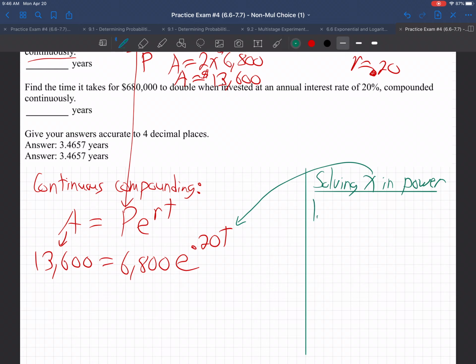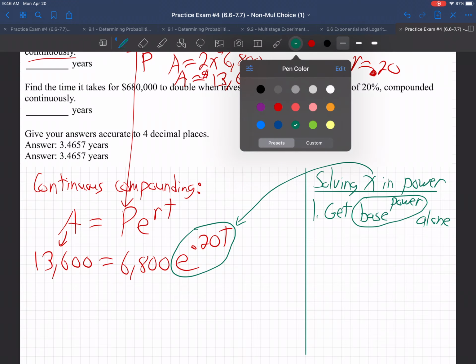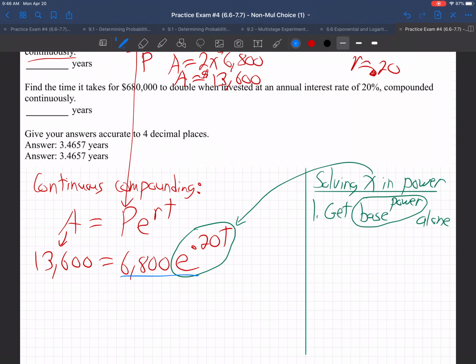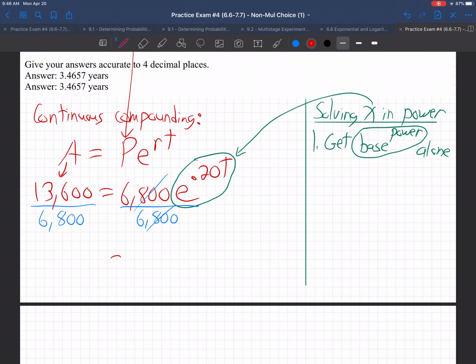Well, step 1, get the base to the power, that piece, alone. So what do I do first to get that piece alone? I'm going to have to divide by the 6,800 on both sides.